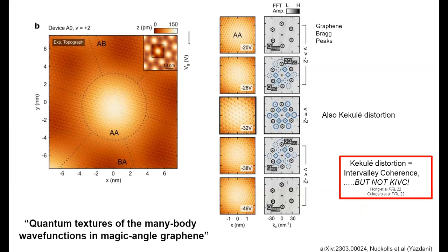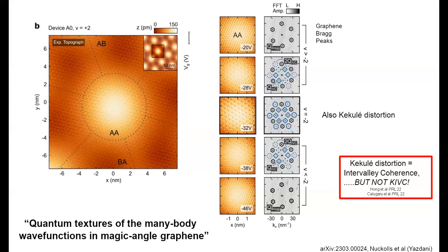Okay. So the way this experiment goes is you do STM, and the assumption is the STM is basically telling you the local density. This is a picture of the AA region of one of these moiré systems.